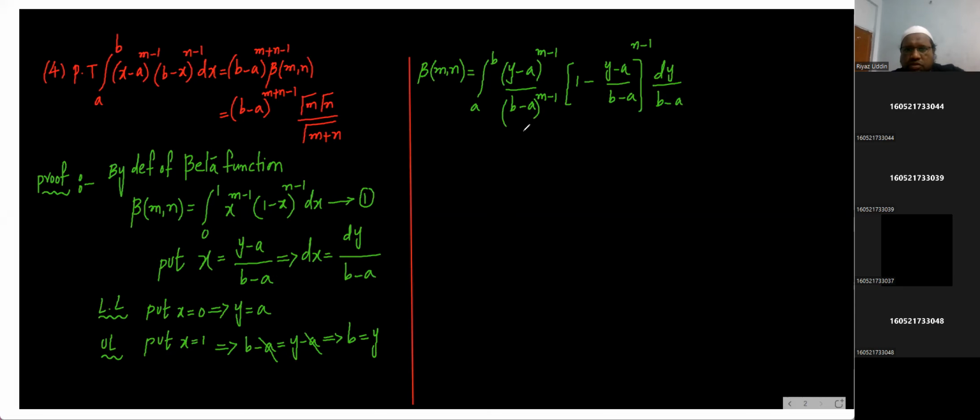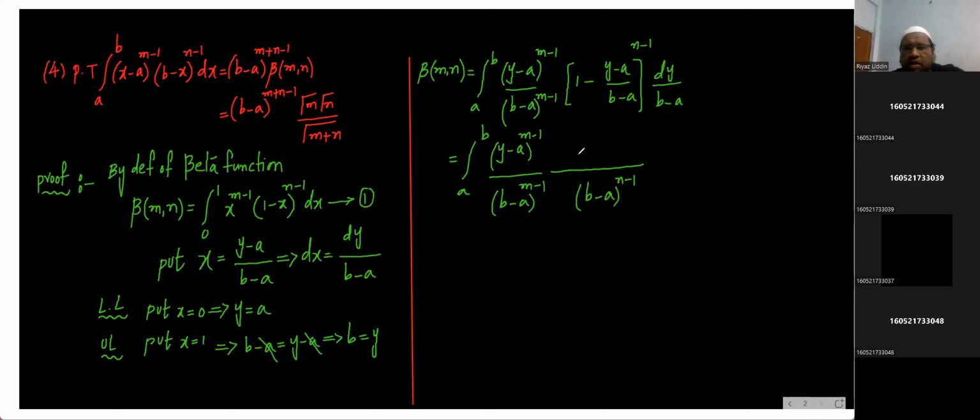If you try this yourself once, you will also get it. After teaching, the integral from a to b of y minus a to the power of m minus 1, and the denominator here is b minus a to the power of m minus 1 again. Now if you take the LCM, what is the LCM here? It is b minus a, along with the power n minus 1.